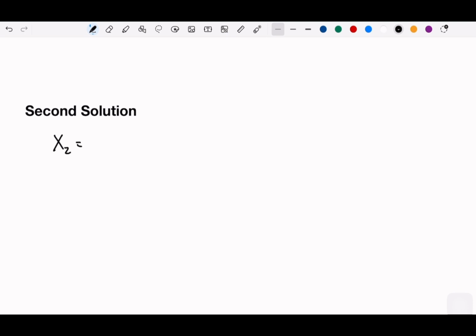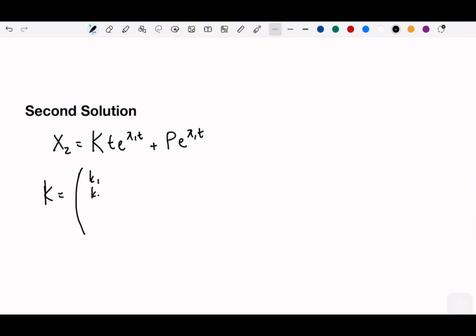Suppose that the second solution can be written in the form of K t e^(lambda 1 t), similar to what we have before, but let me introduce another coefficient P, and we define K as the eigenvector, and P as another coefficient.